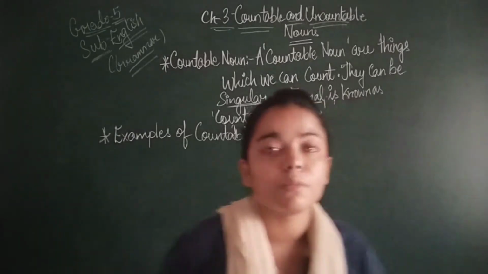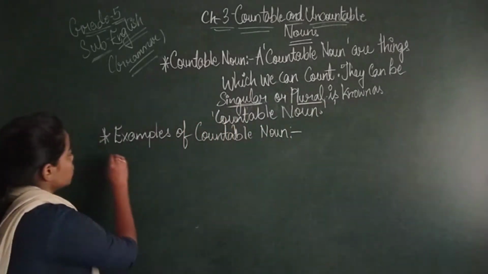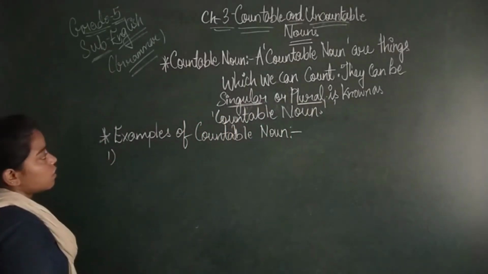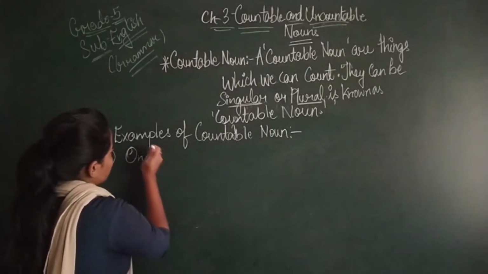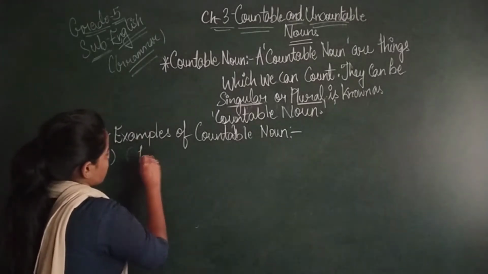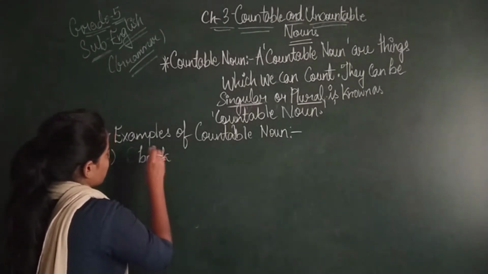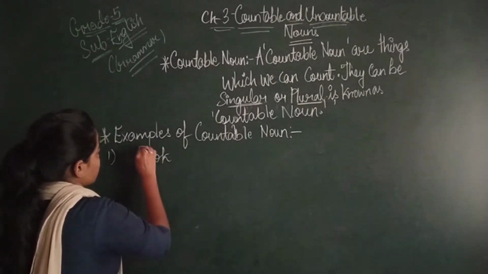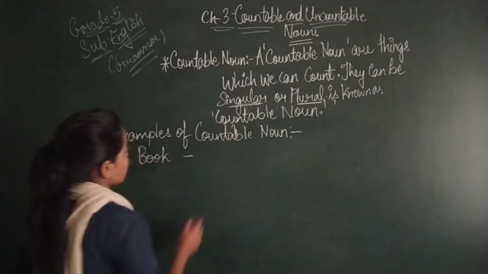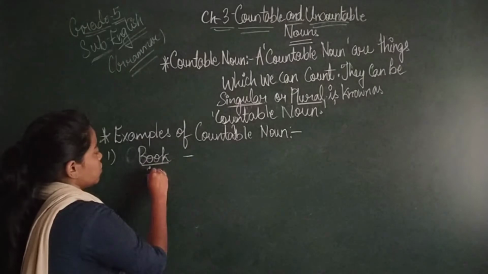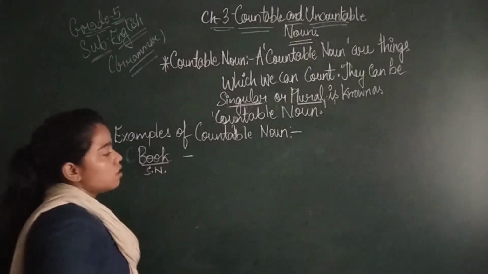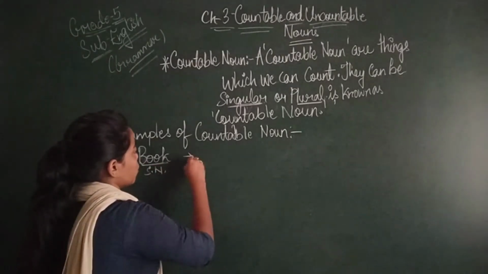So let's see some examples of it. First, book. So here book is a singular noun. Now I want to make it in a plural form.